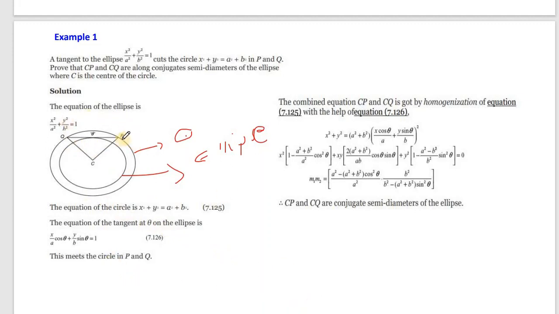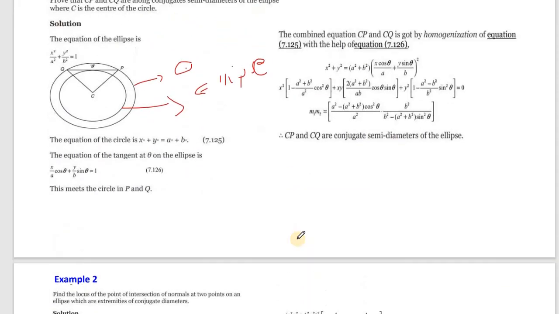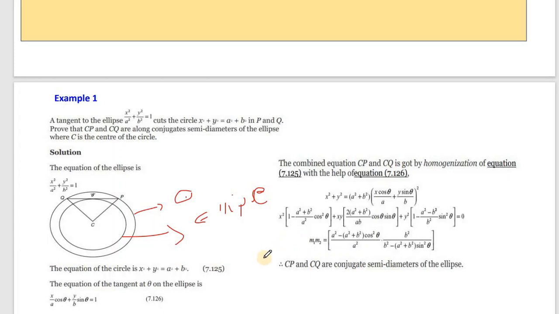Now because PQ meets the circle in P and Q, CP and CQ will give the combined equation, and we want to show that the angle between them is 90 degrees. So if we can show that the coefficient of... no, we should check, wait.